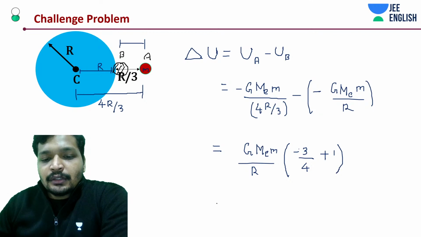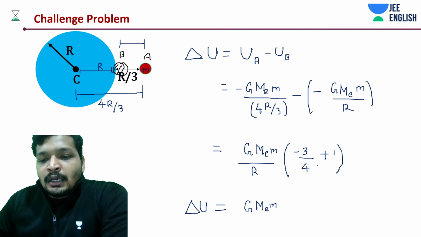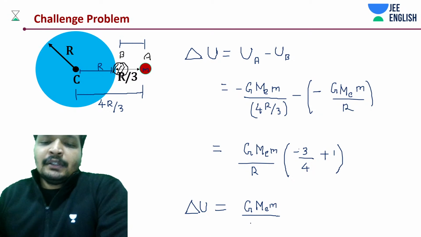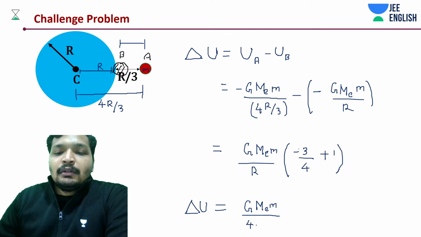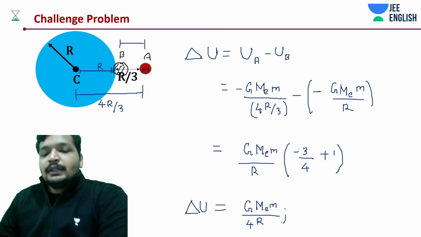Basically, delta U, the change in potential energy, is how much? Minus GMEM into 1 minus 3 by 4, that's 1 by 4, basically 0.75, minus 1 minus 0.75. That's it.